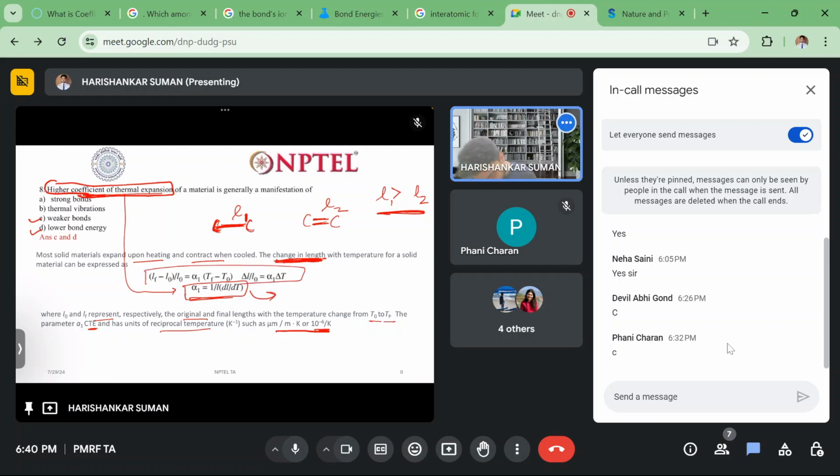Or you can relate it by the first expression: change in length divided by original length upon delta T. You can also relate by that.